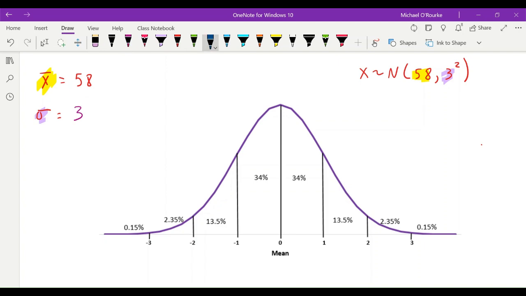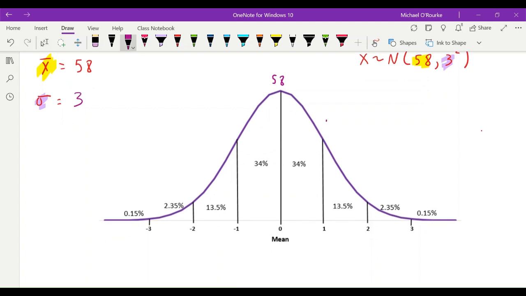So now we can build our curve here. So we have 58 here. Now I'm going up, I'm going to add 3 every time. So I'm at 61, 64, and 67. And on the way down, I'm going to subtract. So I have 55, 52, and 49.